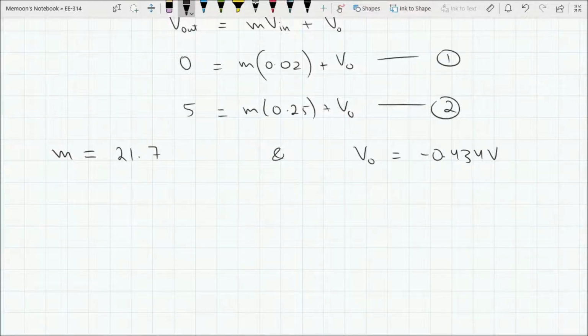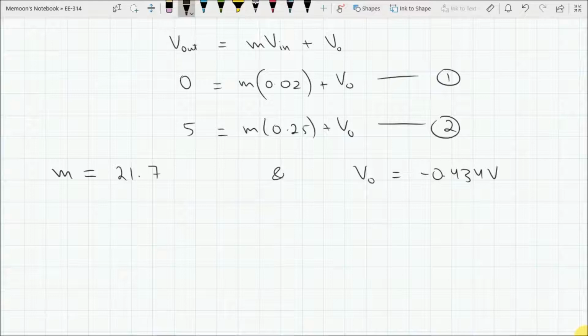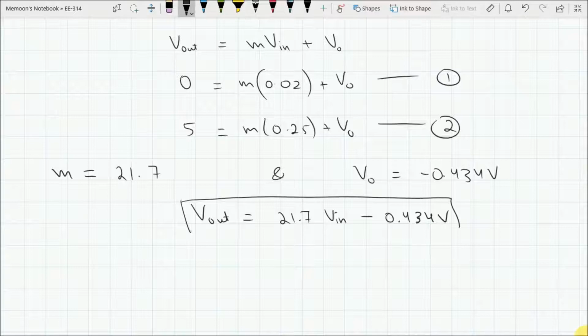Let's put these two values back in our parent equation, and we get V out equal to 21.7 V in minus 0.434 volts. Now this is the expression that we want to implement using operational amplifiers, and that is fairly simple.